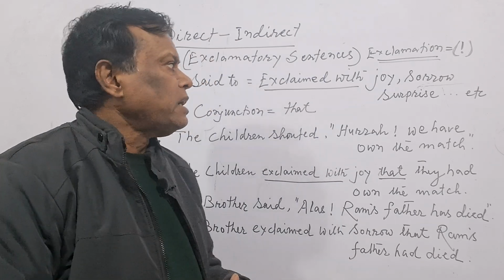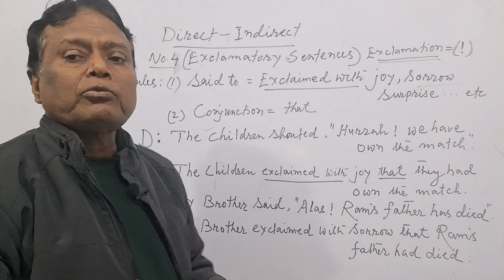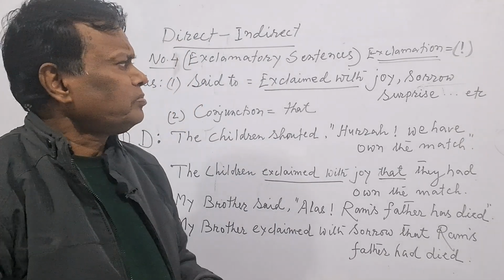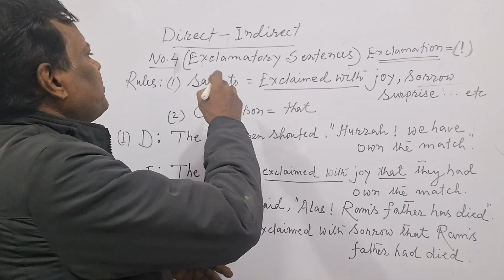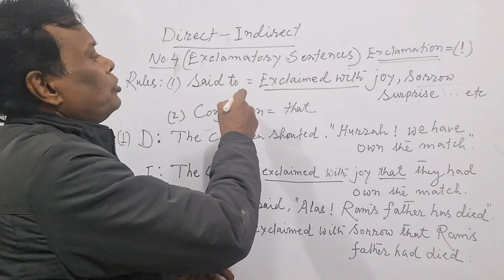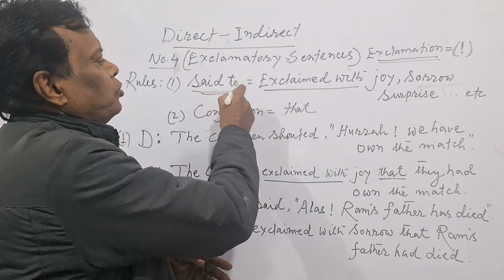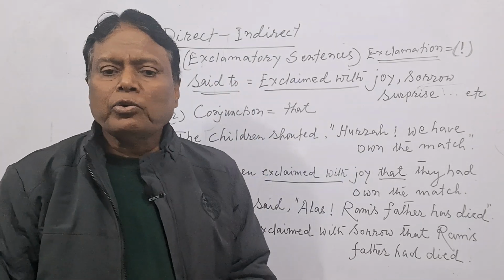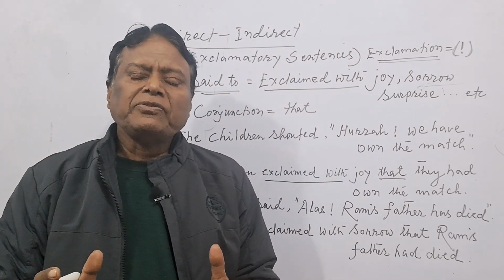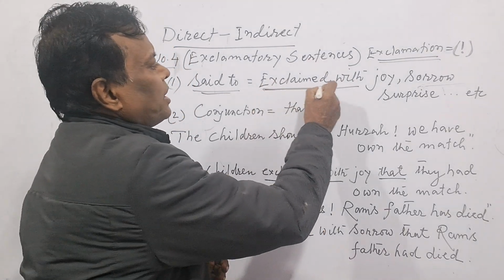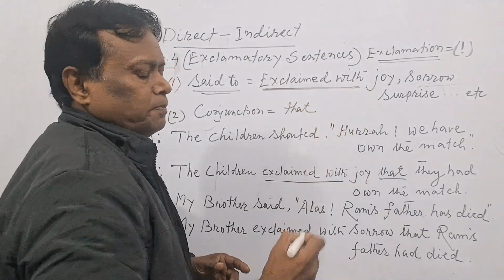Now in direct to indirect, how can we use these exclamatory sentences? First of all, let us see the rules. The rule of this exclamatory sentence, number 1: whenever we get said to in direct speech, that will be converted into exclaimed with.